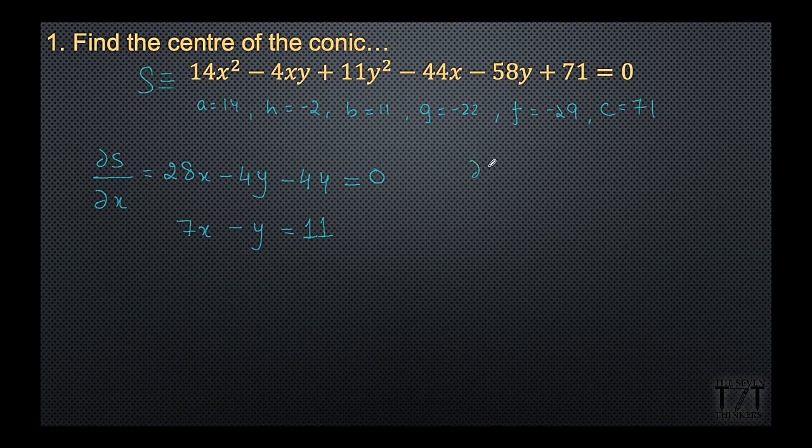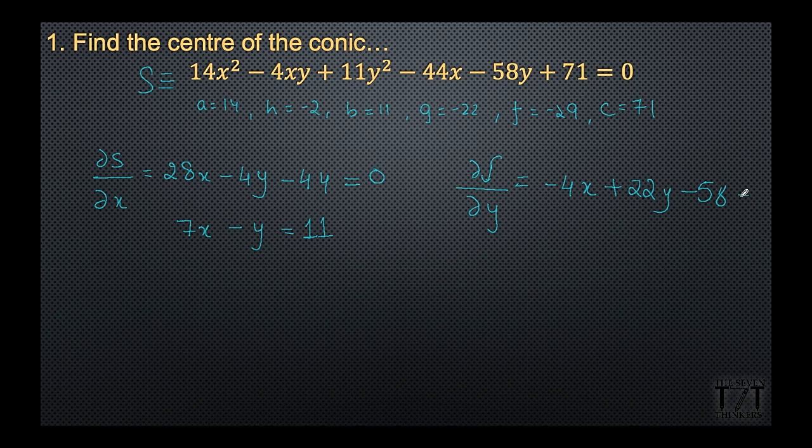Now similarly for dou S by dou y, so dou S by dou y will be, this would be 0, this will be minus 4x, since x is treated as constant, this will be plus 22y, this is 0, minus 58, and for 71 differentiation will be equal to 0.